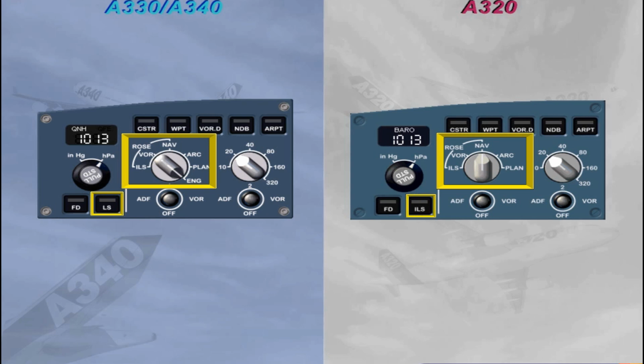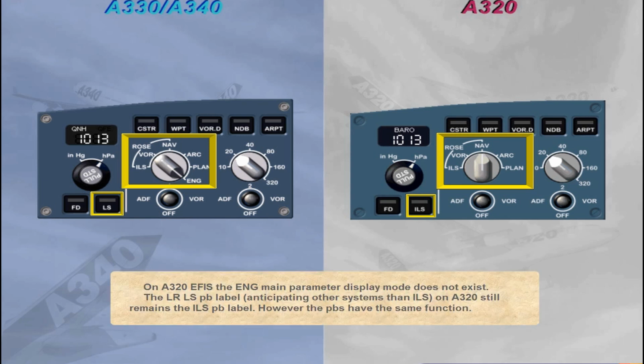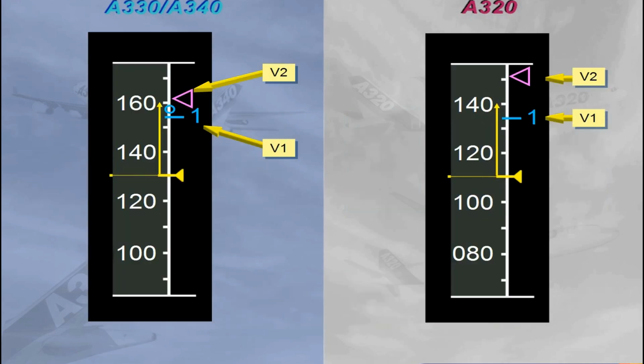The long range LS push-button label, anticipating other systems than ILS on A320, still remains the ILS push-button label on the A320. However, the push-buttons have the same function. On the PFD speed scales, the only difference between the two aircraft is that on the A320 speed scale, there is no rotation speed VR indication available.